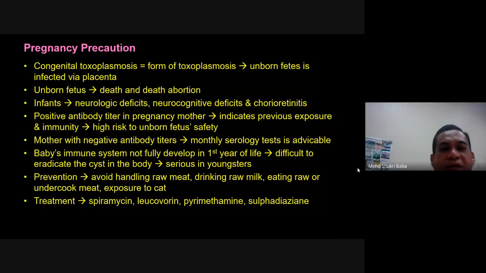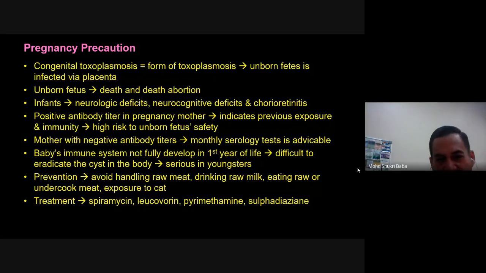A baby's immune system is not fully developed in the first year of life, so it is difficult to eradicate the cyst in the body. So it can lead to serious toxoplasmosis among newborn babies.